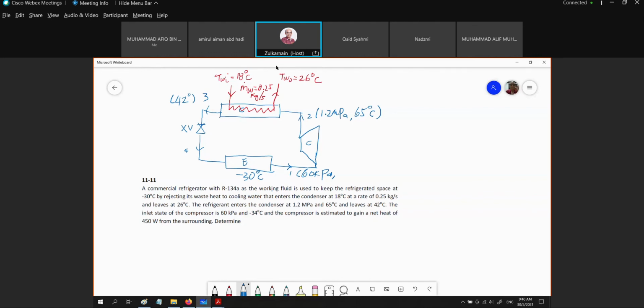The temperature is minus 34 degrees C. And then it's been said that the compressor is gaining heat. So this compressor is gaining heat, Q dot gain by the compressor is equal to 450 watt.